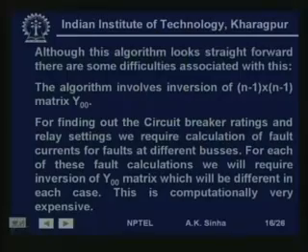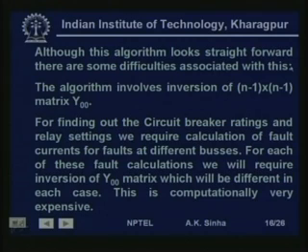So, voltages and currents in the system are normal, they are not abnormal. Load currents are there, and the bus voltages at various places will be very near their rated values.